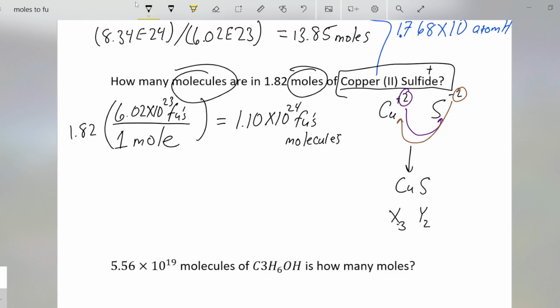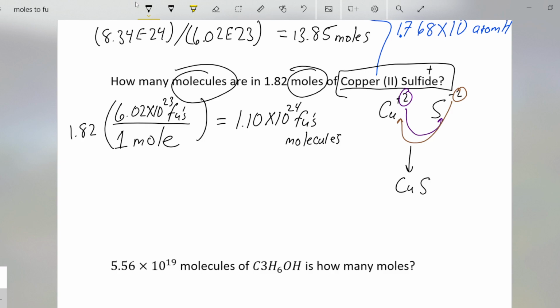Similar thing happens here when we have Cu2S2. These both have a common factor of 2, however you want to call it. And so if we divide both of these by 2, then we just get Cu1S1, or CuS. So CuS would be the correct way of writing this compound.